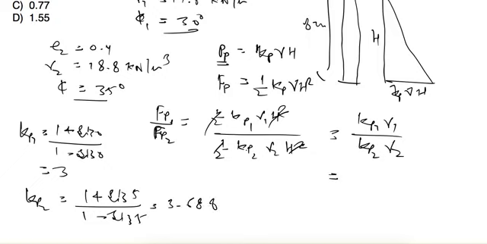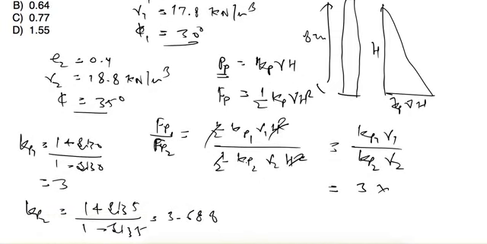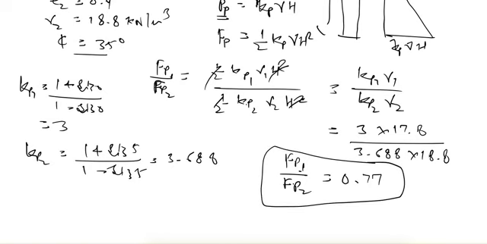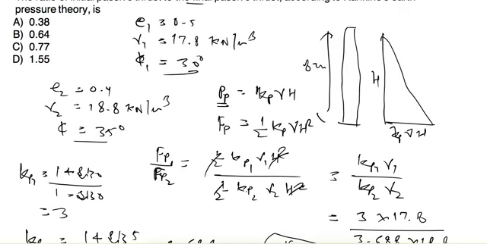So just put the values here. So Fp1 upon Fp2 is 3 into 17.8 divided by 3.688 into 18.8, which is equal to 0.77. So the answer is this one.